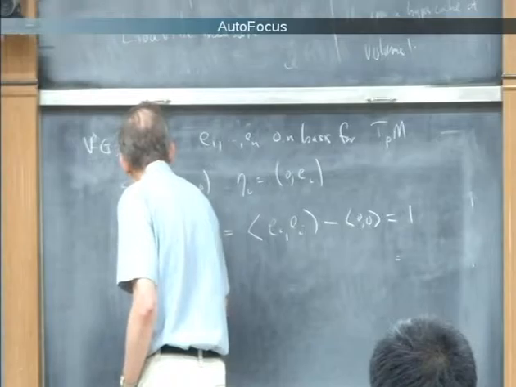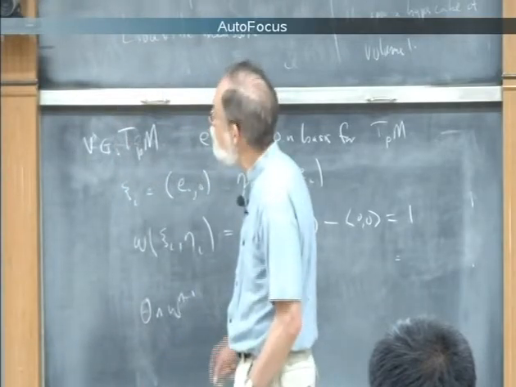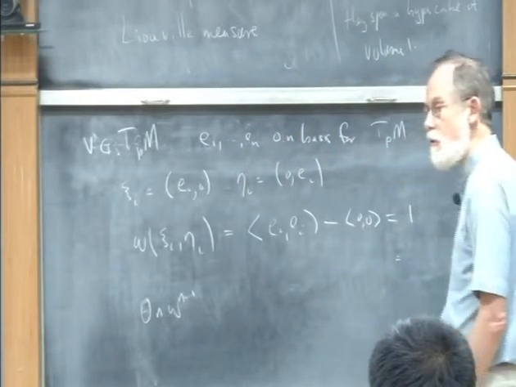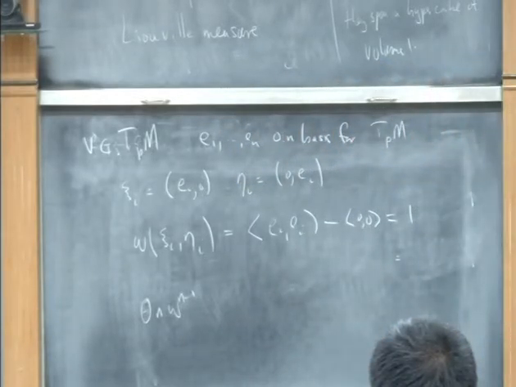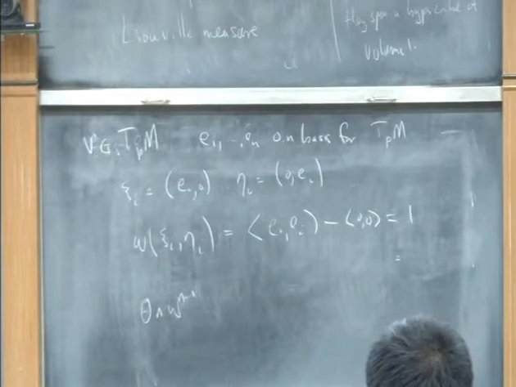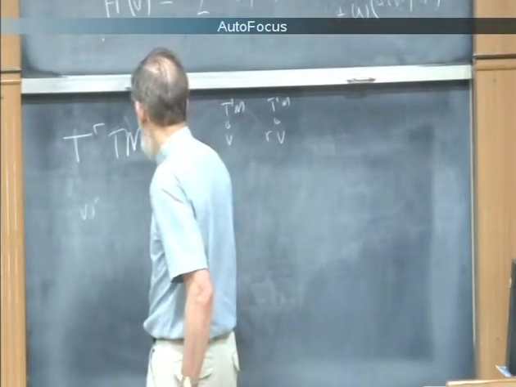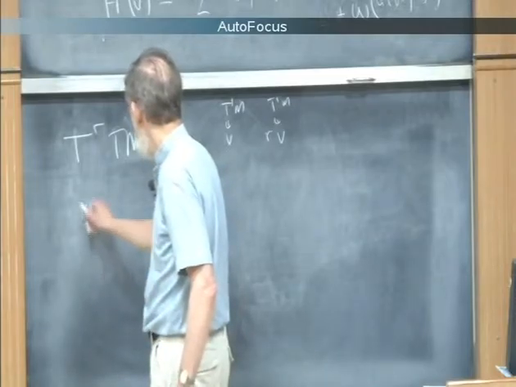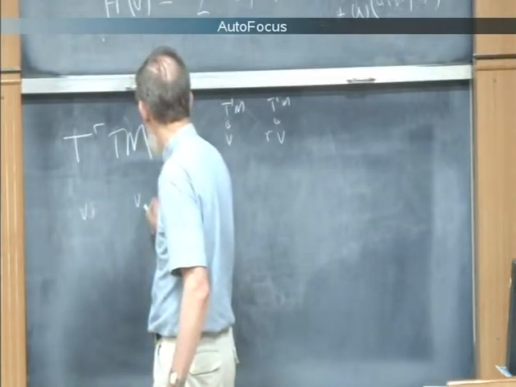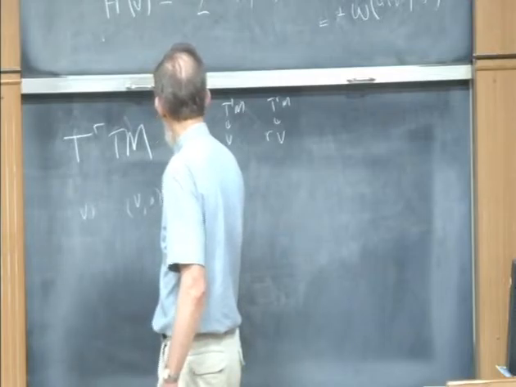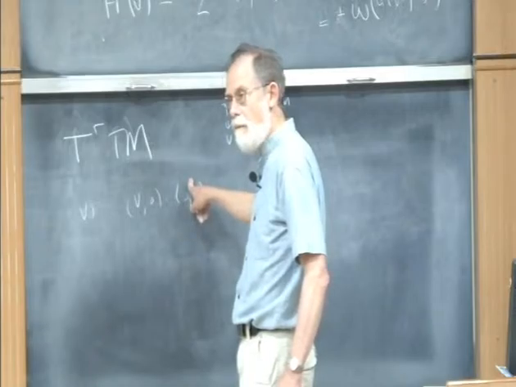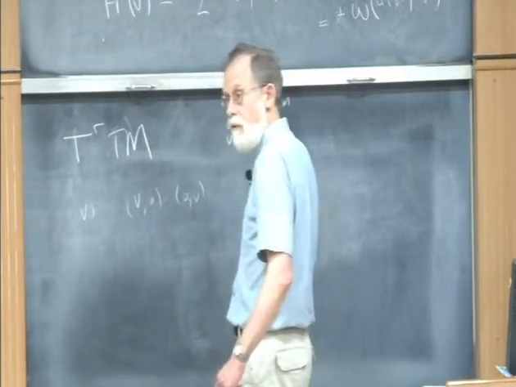Although then I would have to go to the trouble of proving that theta is also invariant under the geodesic flow, which it is. And I think what I can do is, if I have a unit vector v, I can take the pair (v, 0) and (0, v), plug them into omega, and then take things orthogonal to v.